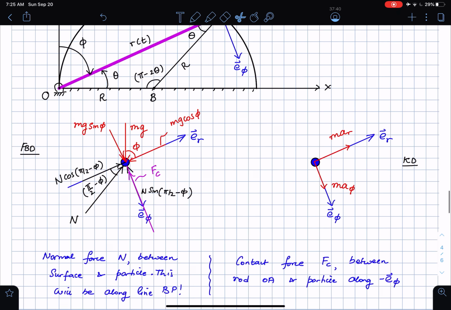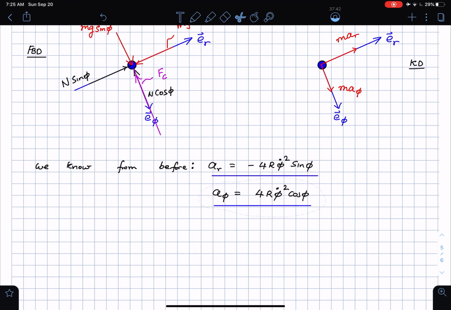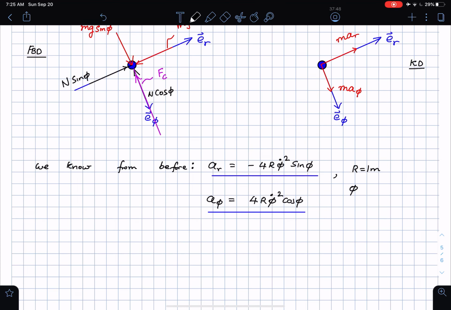Copy that and bring it down here. And then we further know that R is equal to 1 meter, phi dot is equal to 0.87 radians per second, and the mass m is equal to 1 kilogram.